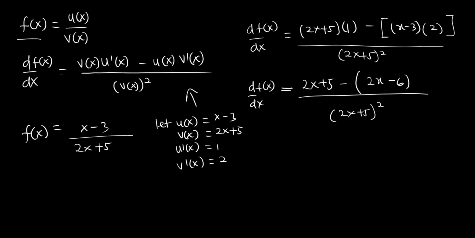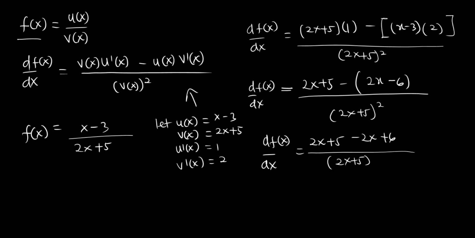Okay, so now let's simplify this here. We're going to have df dx equal to 2x plus 5 minus 2x plus 6, divided by 2x plus 5 squared.